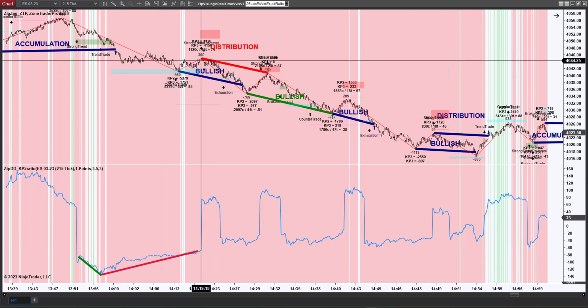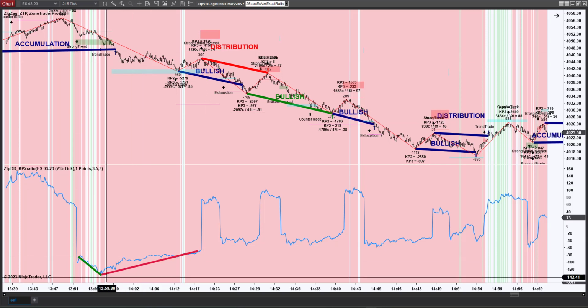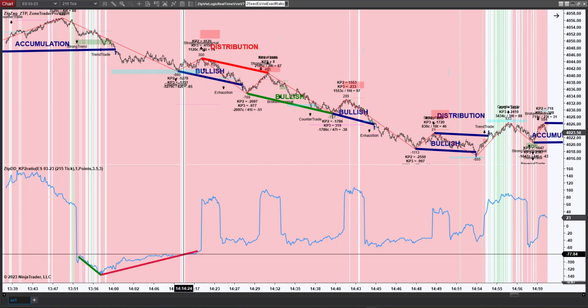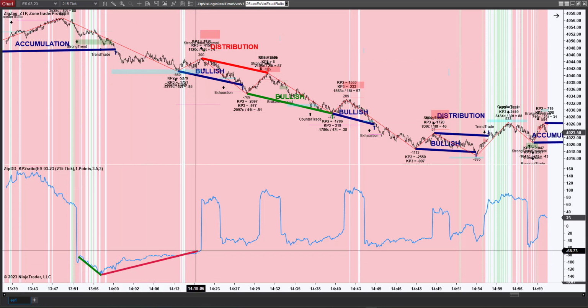So going into this trade here, we had basically a resistance pattern being shown on the KP2 ratio.